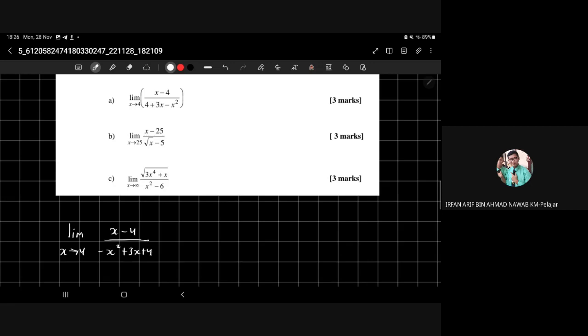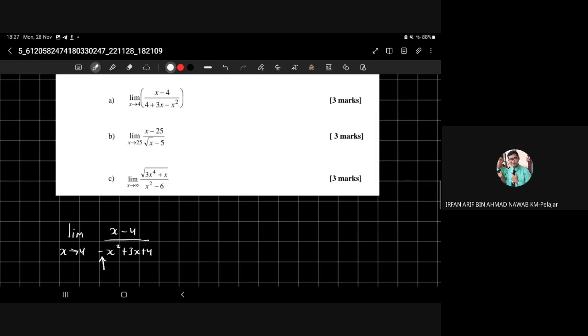One of the mistakes that students frequently make is this negative. Why do your lecturers always remind you to factorize out the negative coefficient of x squared? Because we know that you guys use calculators to evaluate. The calculator will only factorize as it is. Let me give you a demonstration. Try using your calculator to factorize this quadratic function.